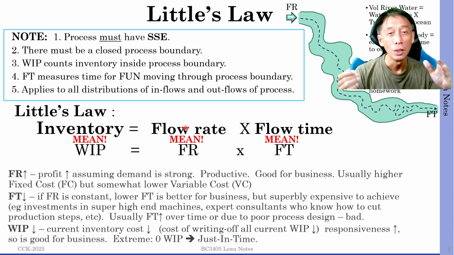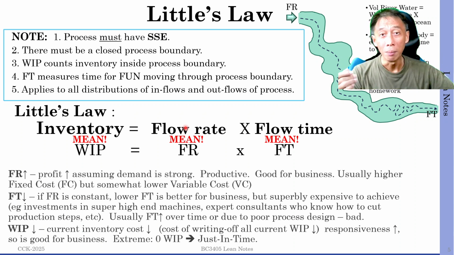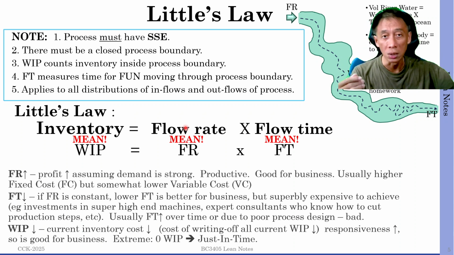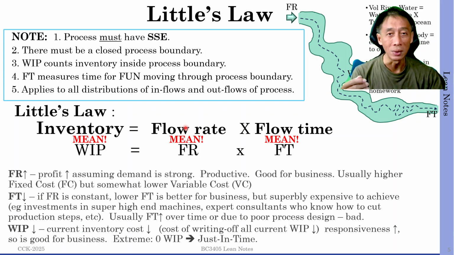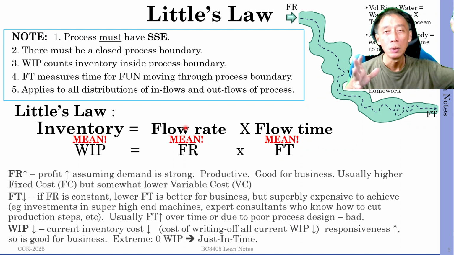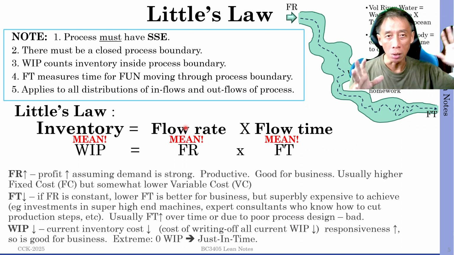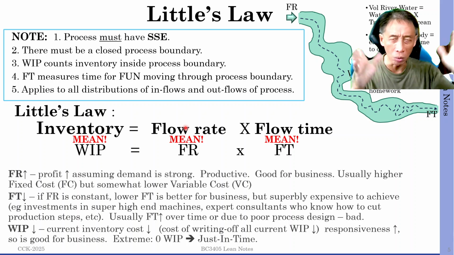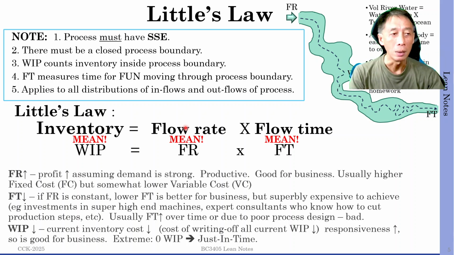Assuming, of course, the demand market has infinite needs for your products. That means there's no question about selling. We are not worried about selling. Of course, in real life, we do worry about selling. That's never a given assumption, right? But here we assume that demand for your product is not a question. There's strong demand for any amounts of your product. Then higher the flow rate, higher the profit.